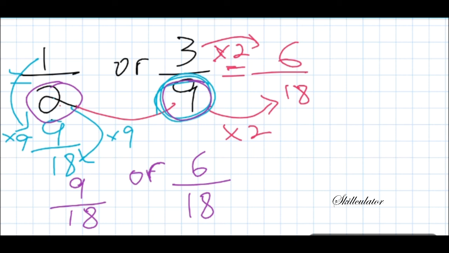You're multiplying the denominators on both sides, right? And when you compare the 9 to the 6, obviously the 9 is bigger than the 6. So 9 over 18 is bigger than 6 over 18. So 1 over 2 is bigger than 3 over 9.